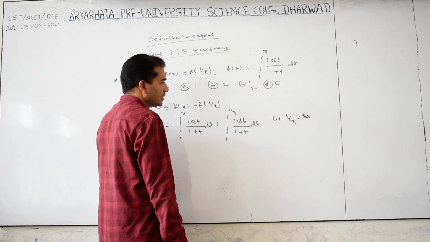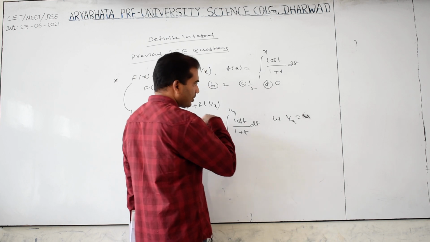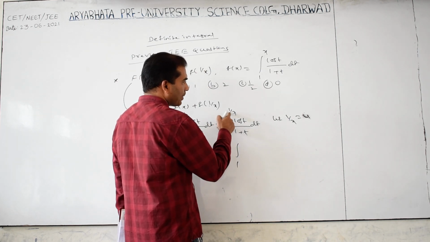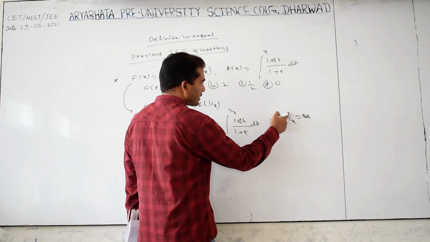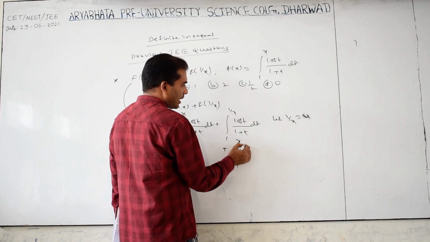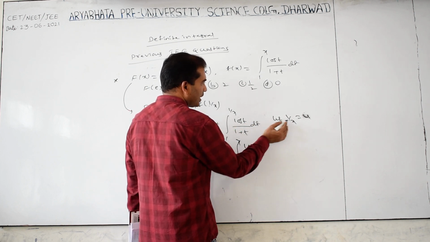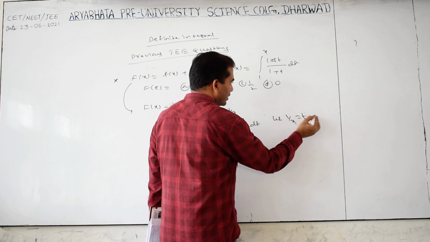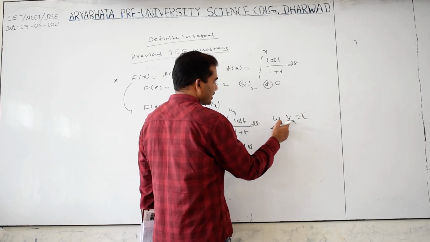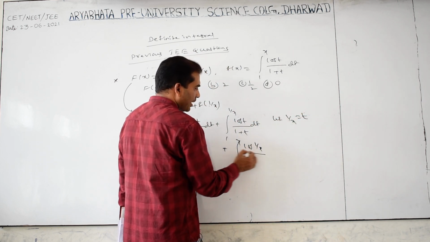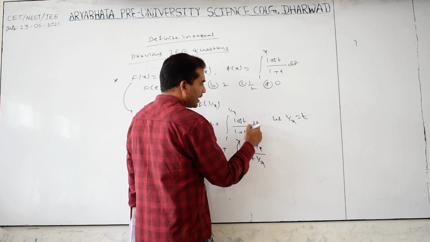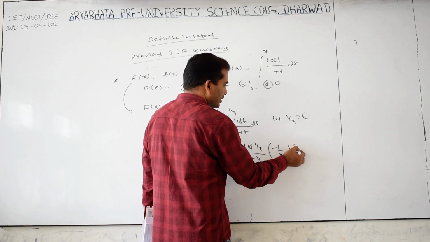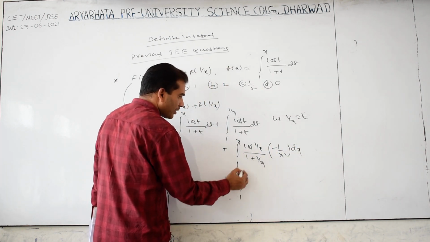Understood, 1 by x equal to t. Then you will get here plus, lower limit is 1 only, upper limit, if you take here 1 by x comes up, so upper limit is x. Log of t is equal to, you can write directly, t is equal to 1 by x by 1 plus 1 by x, and dt is equal to minus 1 by x square dx, plus 1 to x.